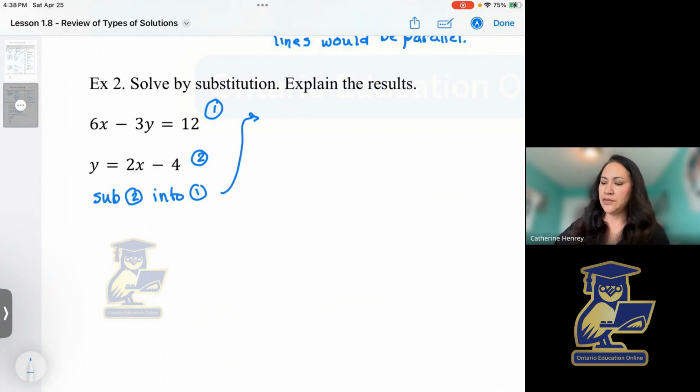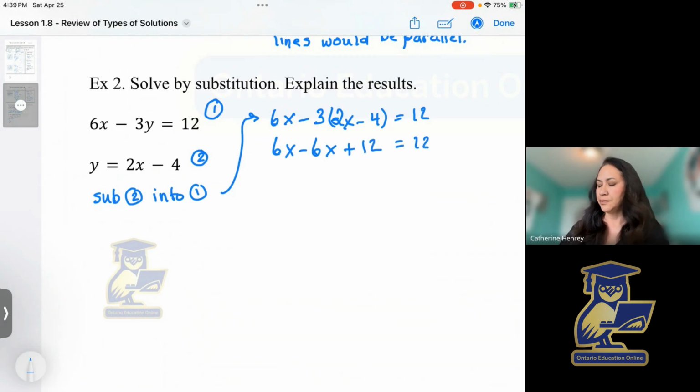And we will have 6x minus 3 times 2x minus 4 equals 12. Simplifying, I'll have 6x minus 6x plus 12 equals 12.